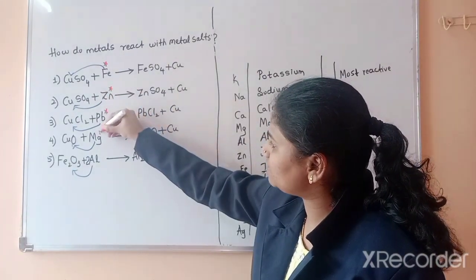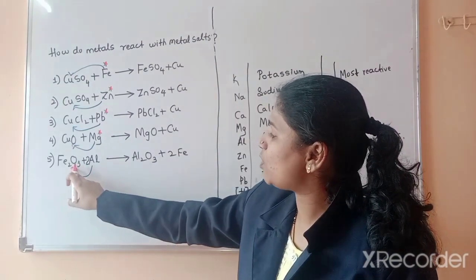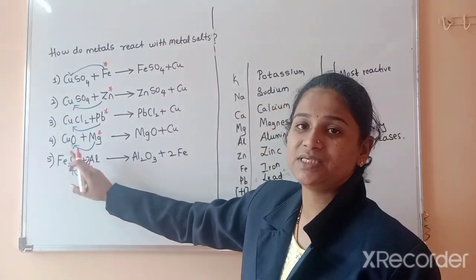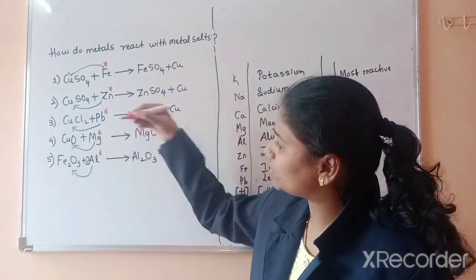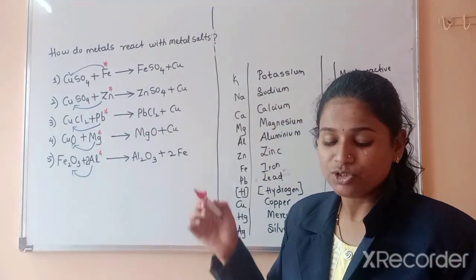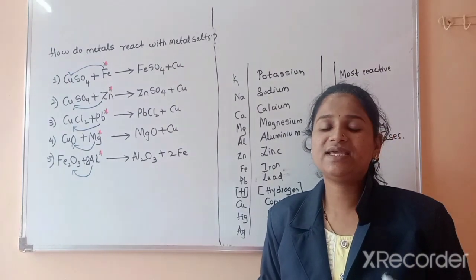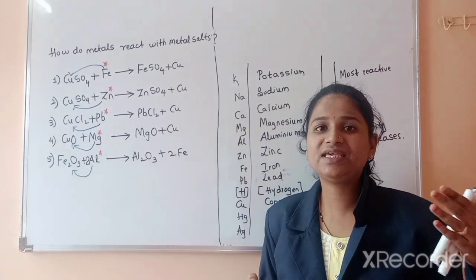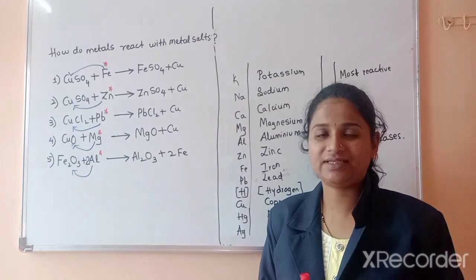Magnesium is more reactive than copper. In the same way, in a ferric oxide solution, aluminium is taking the place of iron, so aluminium is more reactive than iron. So with the help of this experiment, it became very easy to frame the reactivity series of the metals.